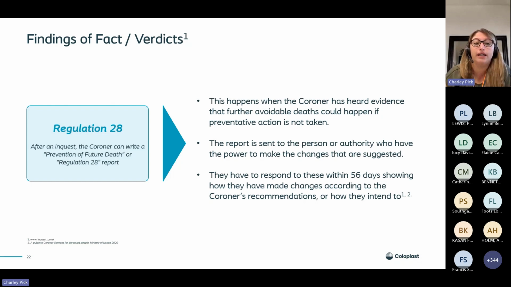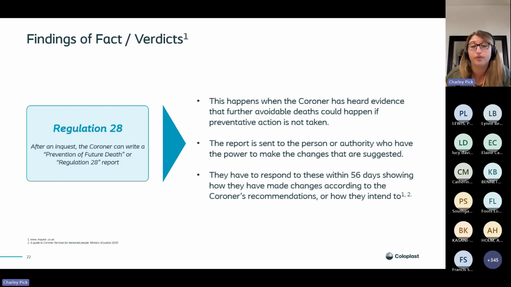And then you have a Regulation 28. Now, a Regulation 28 happens when the coroner has heard evidence that further avoidable deaths could happen if preventative action is not taken. Now, NHS trusts and companies do not want a Regulation 28 because it's like a big flashing beacon to say that avoidable deaths have taken place here.